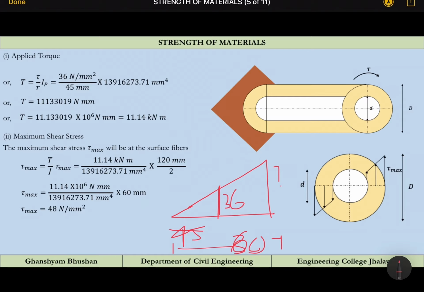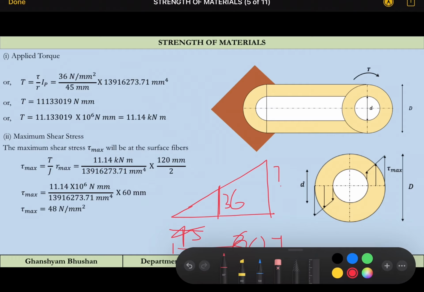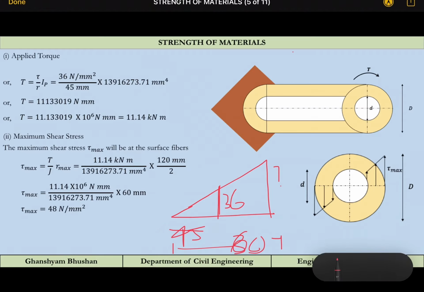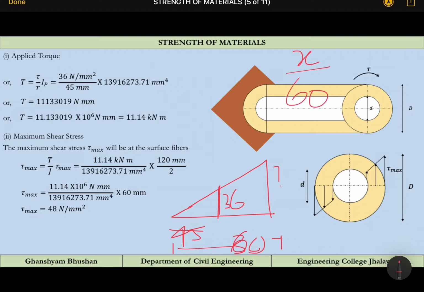So x by 60 is equal to 36 by 45, and directly you can calculate that 48 Newton per mm square will come.